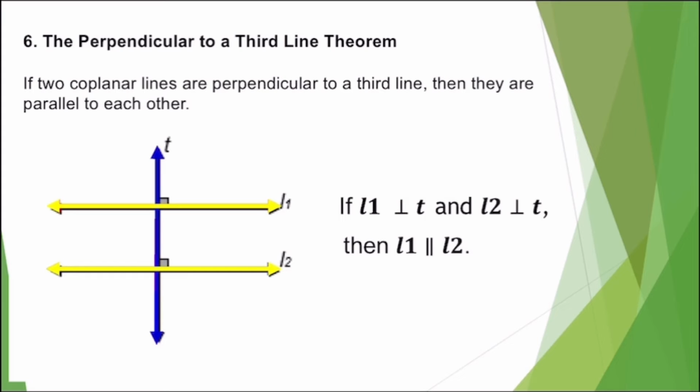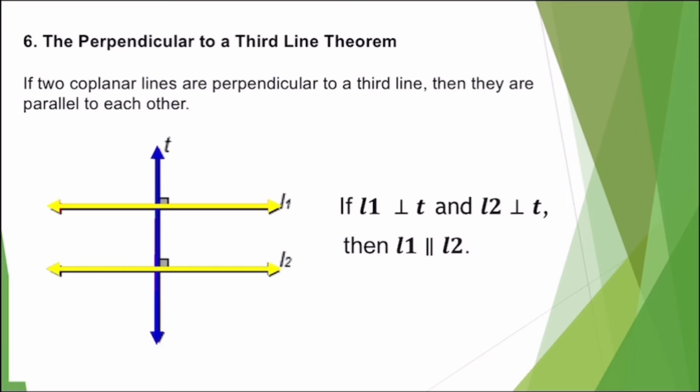Now, after knowing the postulates and theorems that determine conditions for lines and segments that are parallel or perpendicular, let's refer to the following examples on the slide to enrich your understanding of the topic.